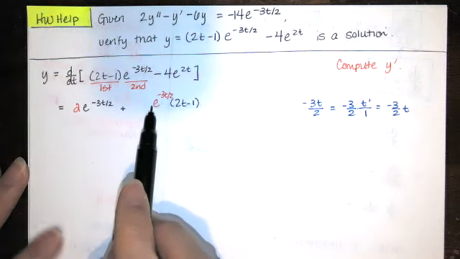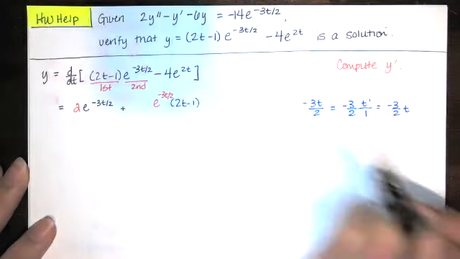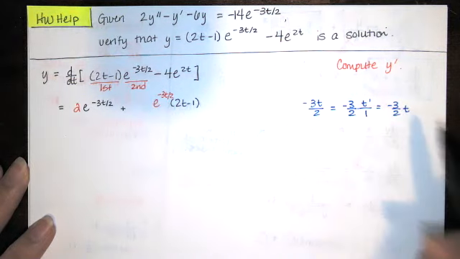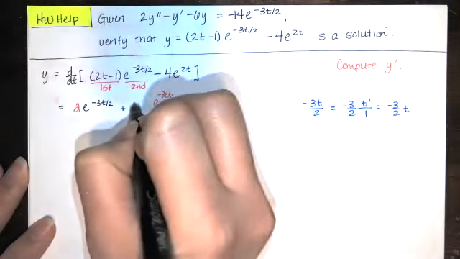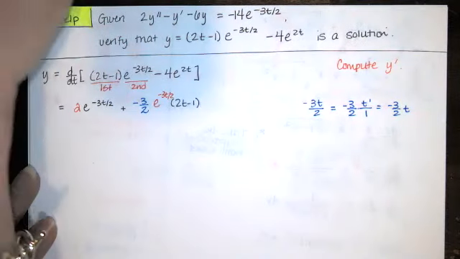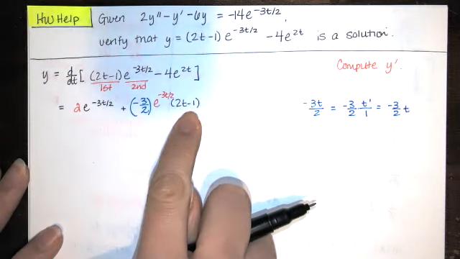So when I say the derivative of e to some power is e to that power times the derivative of the inside, that is the derivative of this constant times t. So we'll just get the constant. And that is, of course, multiplying this exponential and that polynomial function.